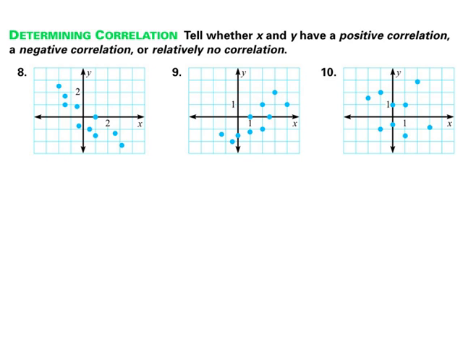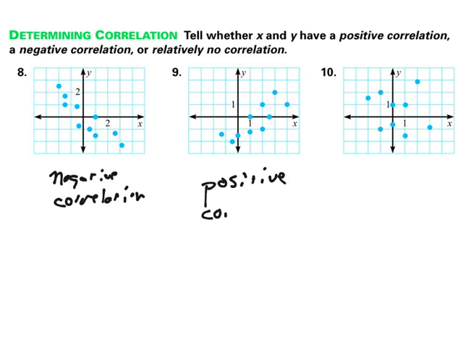It lowers from left to right, so therefore a negative correlation. This one's a positive. It rises from left to right. And the last one, points are everywhere, therefore no correlation.